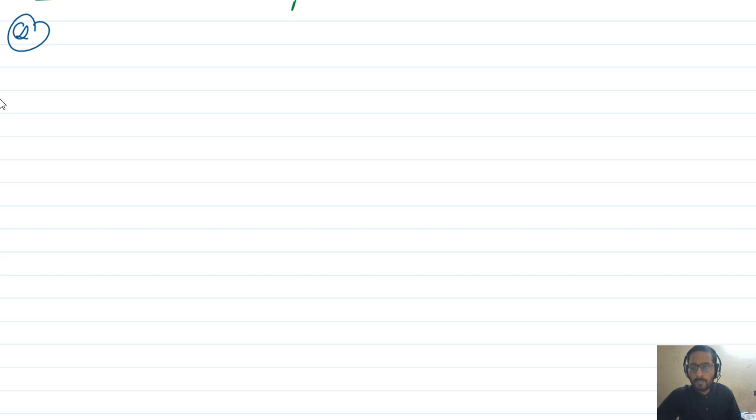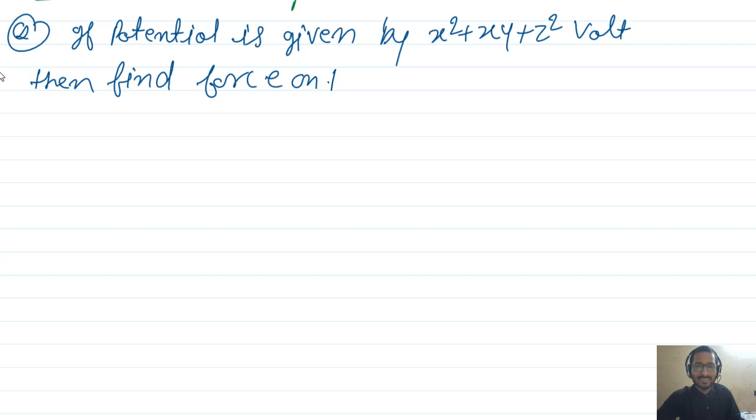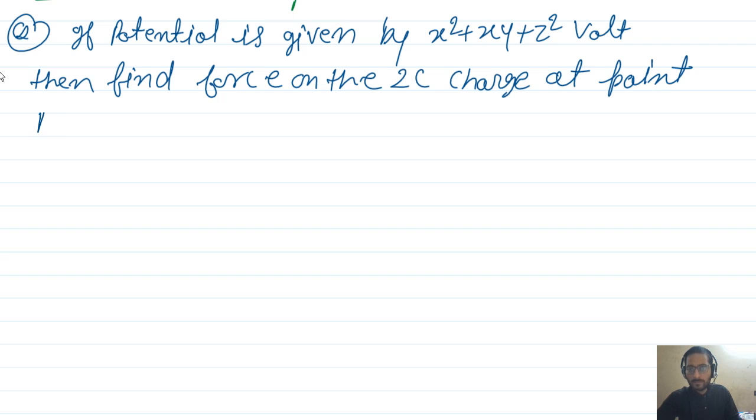So the question is: if potential is given by x square plus xy plus z square volt, we have to find the force on a 2 coulomb charge at point P, which is at (1, -1, 1).